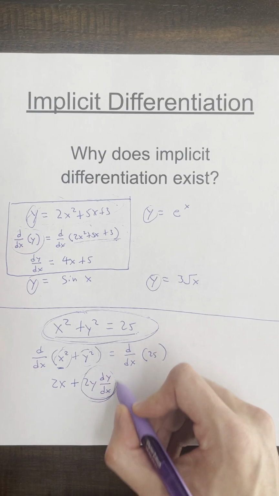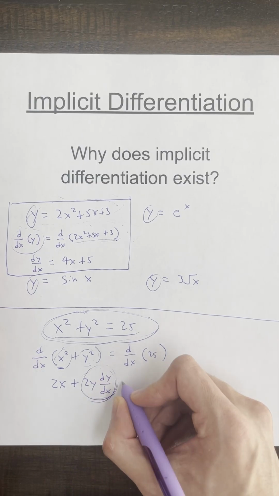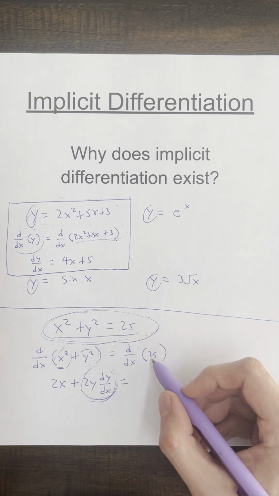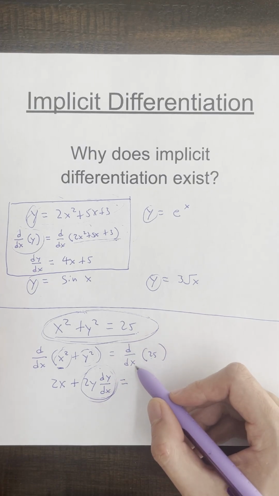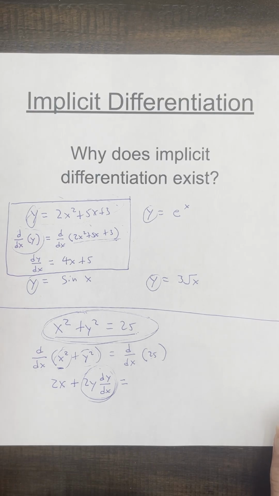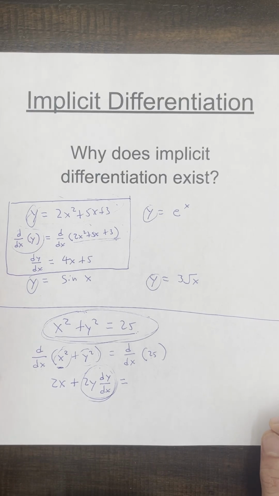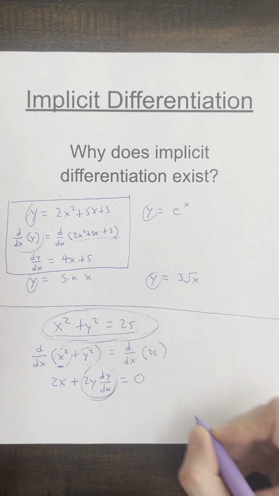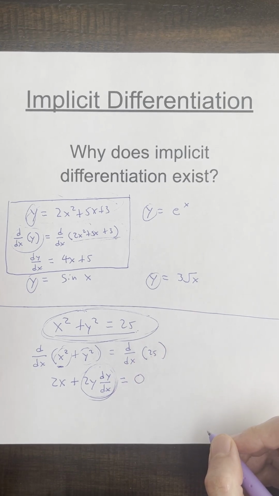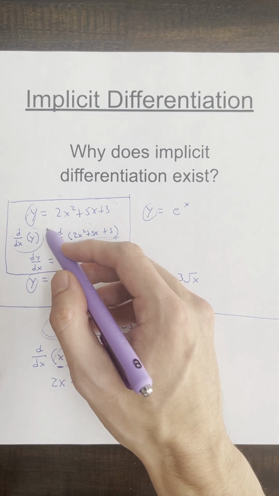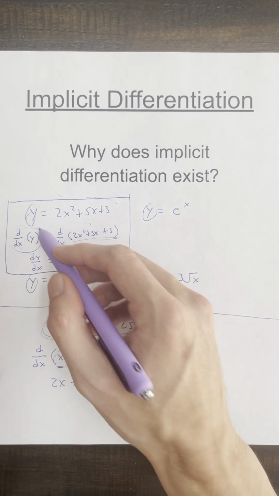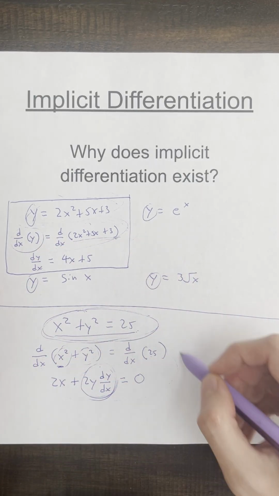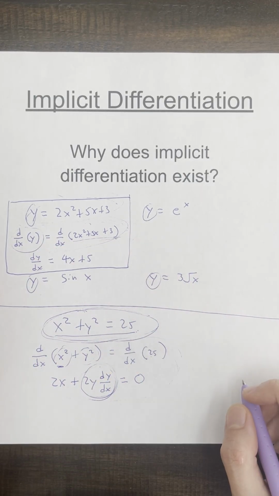So just take my word for it for now. What is the derivative with respect to x of 25? Zero. Okay. Now, so that's this part. This part's very similar to what we're doing over here.